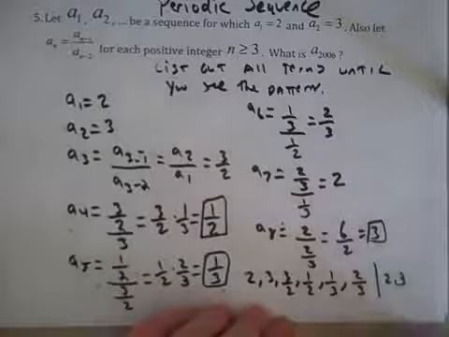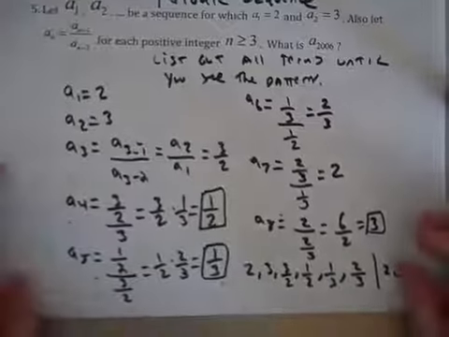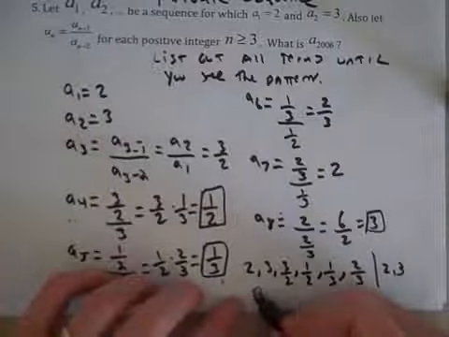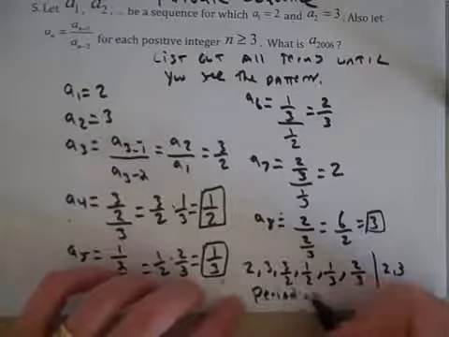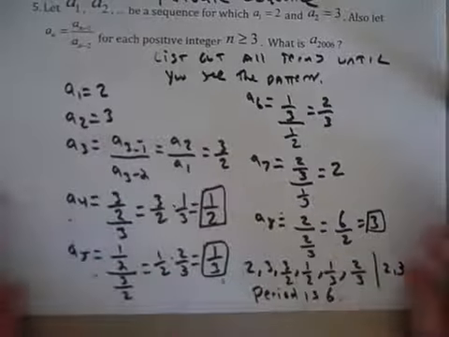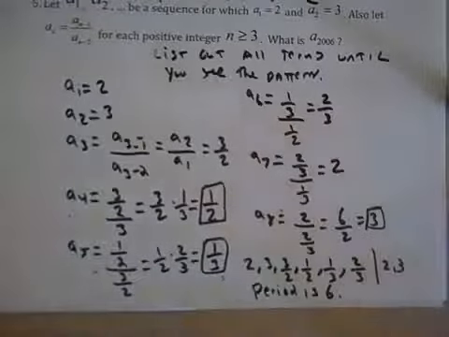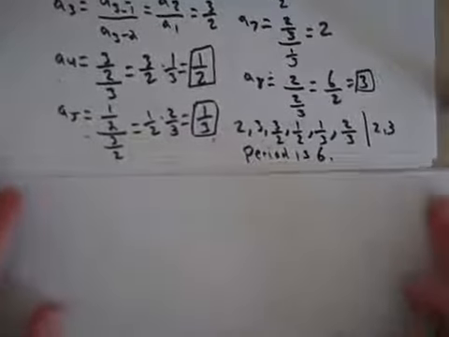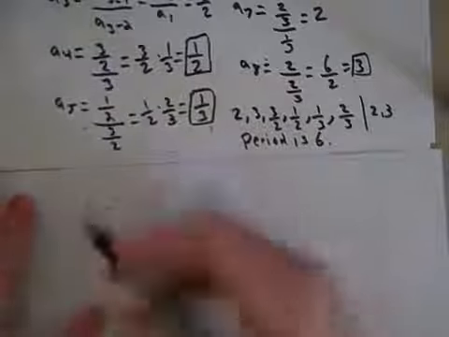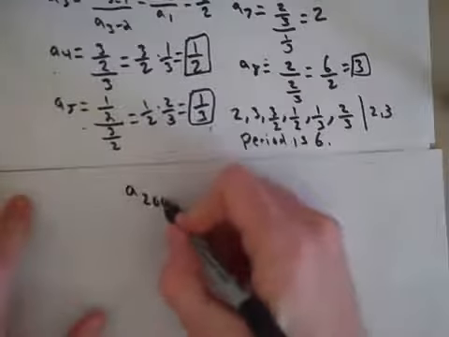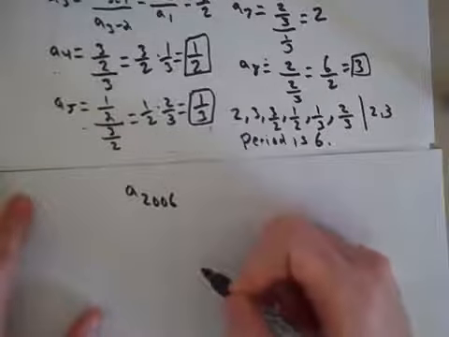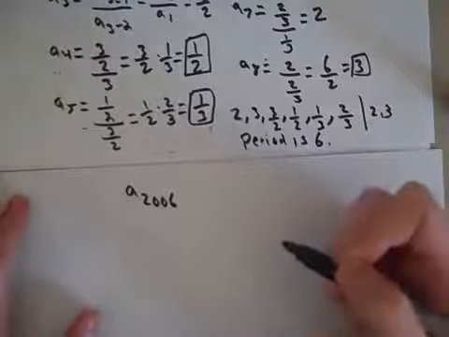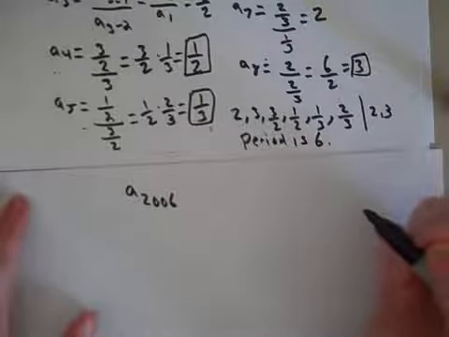So it would seem like our sequence is 2, 3, 3/2, a half, 1/3, 2/3. The period here is 6. Now we want to find a sub 2006, the 2006th term. It repeats every 6 terms.